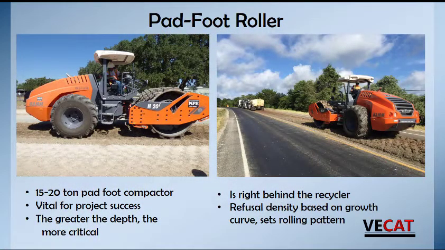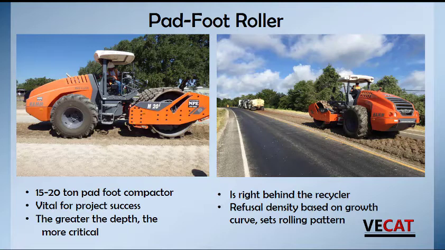Lastly, we can start talking about rolling. 15 to 20 ton pad foot. As we said, depending on the depth of the mat we're recycling, typically we're in 8 to 12 inches of material, so we're going to need something heavy and preferably pad footed.